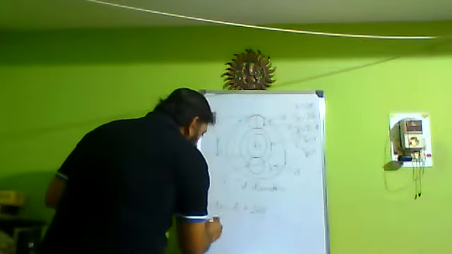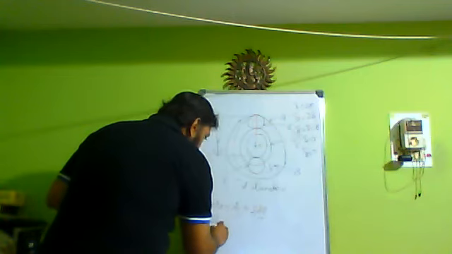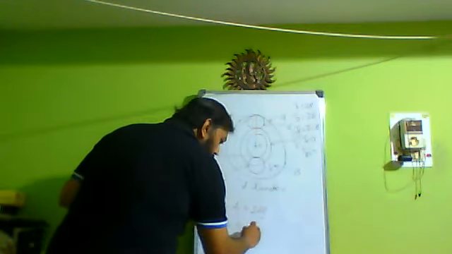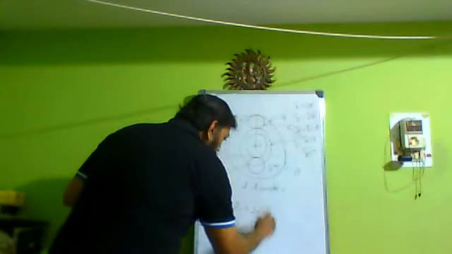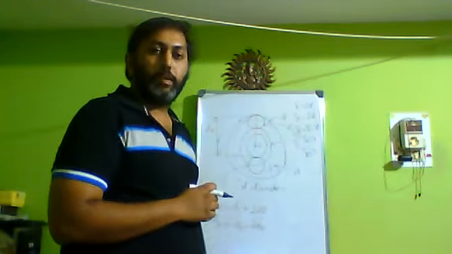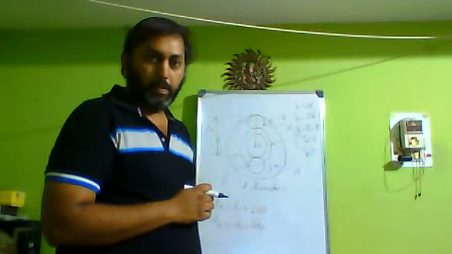Similarly, we will have DB equal to the diameter of D plus 2 times the diameter of F.